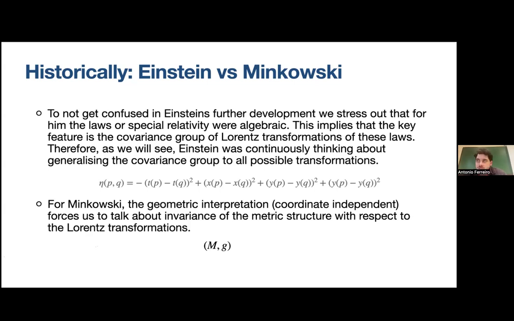He was not thinking in terms of metric structure and so on. We will see that sometimes he refers to covariant transformations that he associates with Lorentz transformations, because he is thinking of special relativity not written in this general coordinate-independent manner, but in the manner in which he proposed it in his paper, okay?